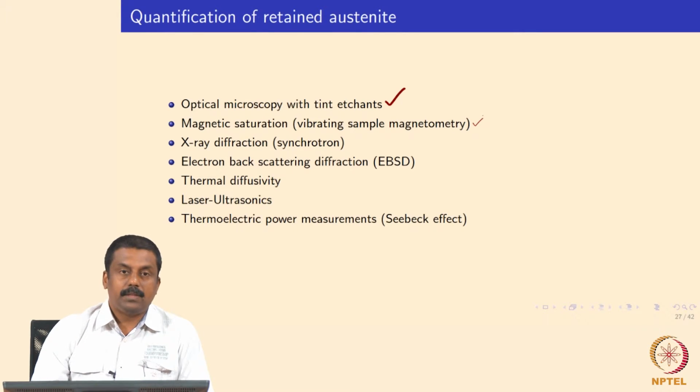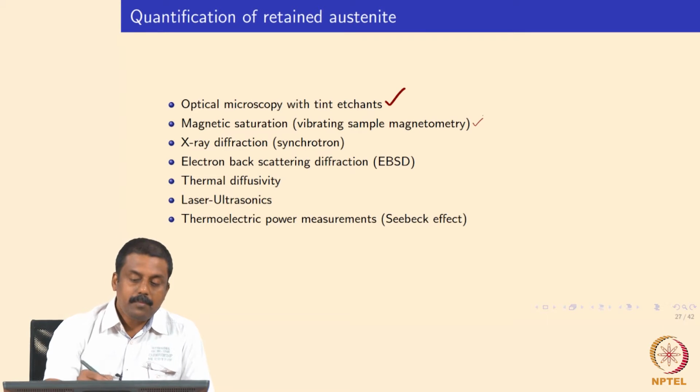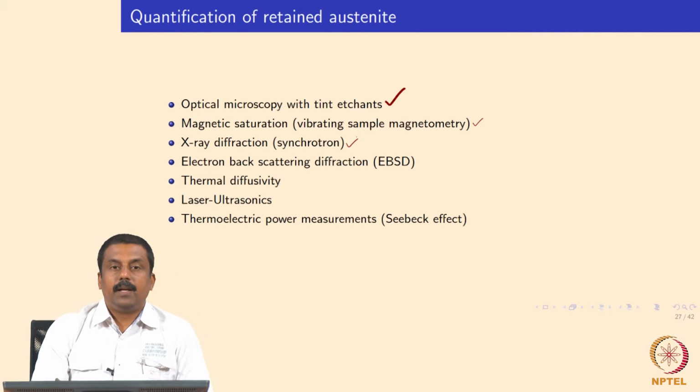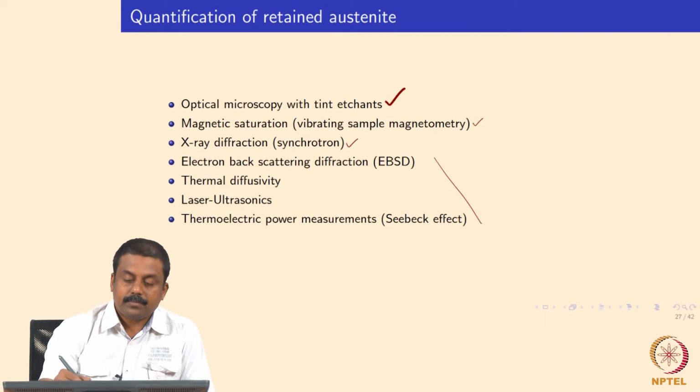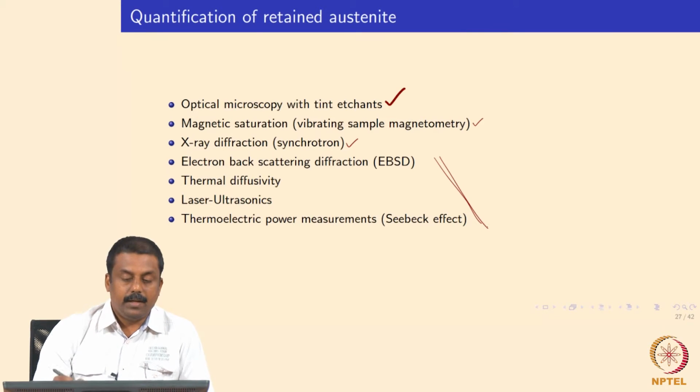And we can also use X-ray diffraction. X-ray diffraction gives quantitative information from the diffraction peak analysis, and we will also see in subsequent lectures how X-ray diffraction can be used to quantify the retained austenite, and some other uncommon methods, which are sophisticated techniques to quantify retained austenite.